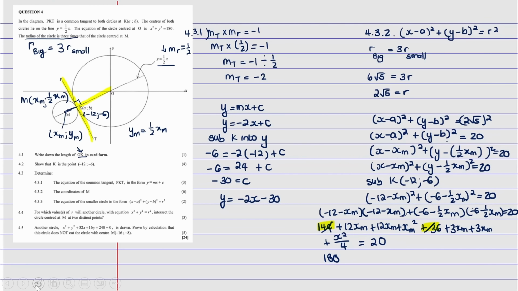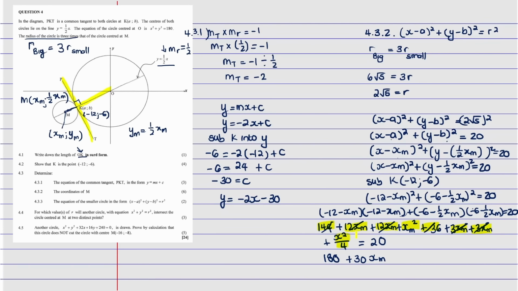So now let's highlight the next terms. The next like terms are this one, the same as this one, the same as this one, and the same as this one, right? So it's going to be 12 plus 12 plus 3 plus 3, which is going to give us 30. So this is going to be plus 30xm, right? Then we're going to have this one plus this one.